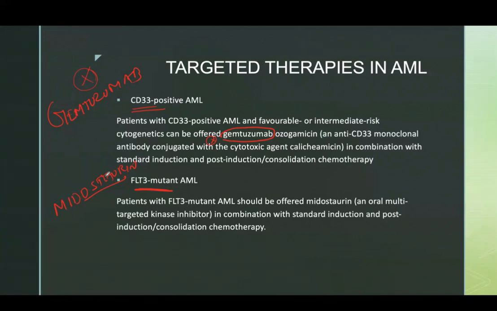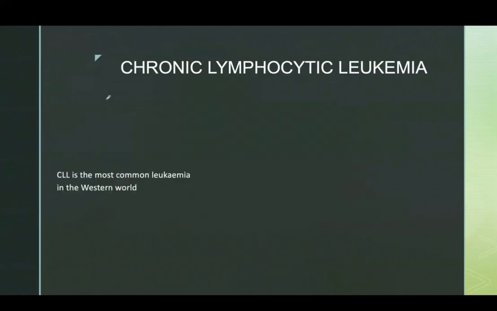This is it: hardly half a page for each cancer, just 2 pages enough. Take notes, go through that, work out MCQs. You will clear in no time. If you mug up unnecessary theory, you will end up really bad. That's about MRCP. So these are the 2 targeted therapies in AML.